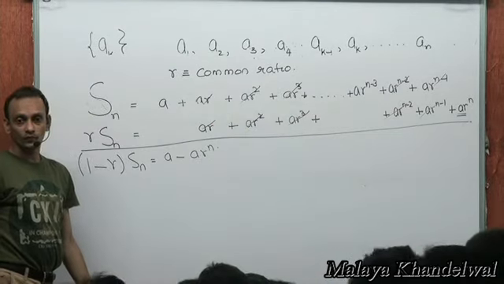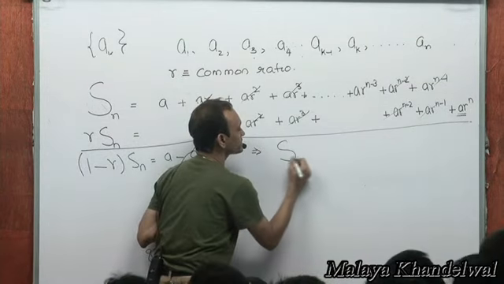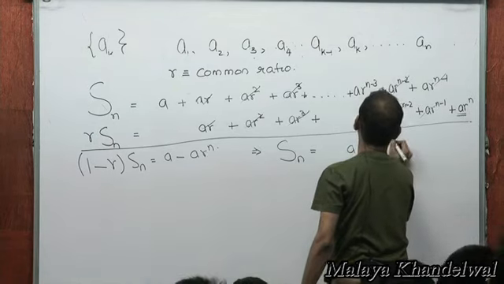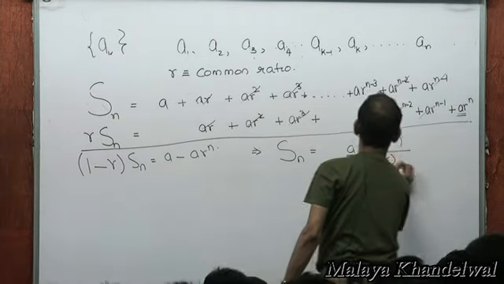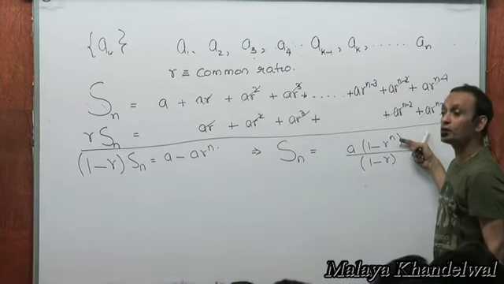Yes or no? This gives me Sn, sum of n terms, as A into 1 minus common ratio to power n divided by 1 minus R. A is the first term, R is the common ratio, n is the number of terms.